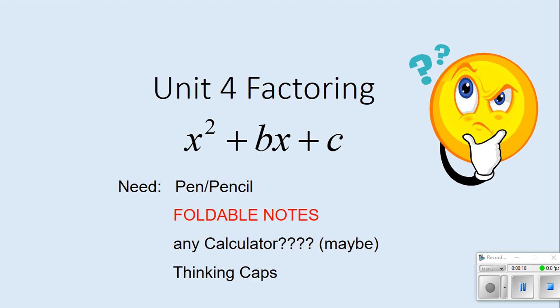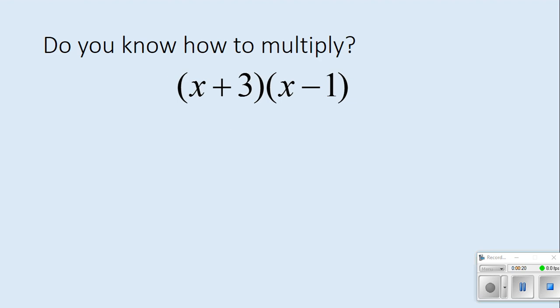Okay, we're going to start off by recalling how to multiply two binomials. Now, whether you remember it as being double distributing or using the mnemonic FOIL, either way, you'll get the same answer. So let's go ahead and either FOIL this or double distribute it.